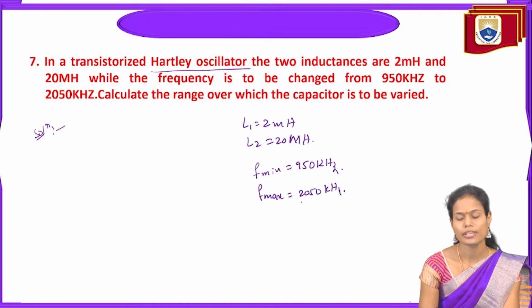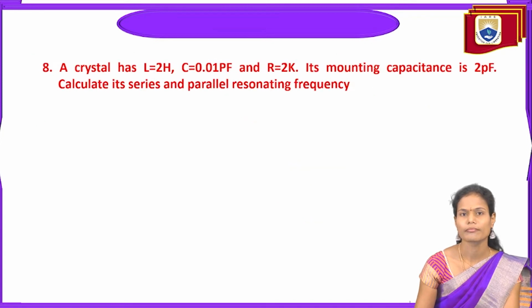Calculate the range over which the capacitors are required here. This problem is also similar to the previous problem and we have already discussed in the problems on oscillators session.